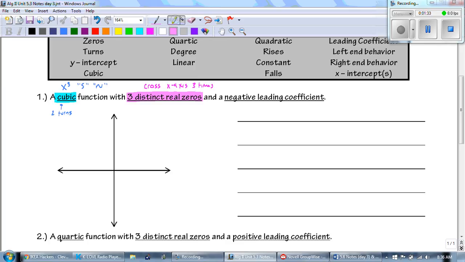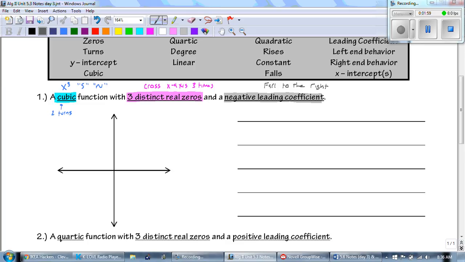And then the last thing it says is that it needs to have a negative leading coefficient. If it has a negative leading coefficient and it's cubed, that means our graph is going to fall to the right. Dude, Mr. Grice, how do you know all this stuff? Well, I know my definitions.